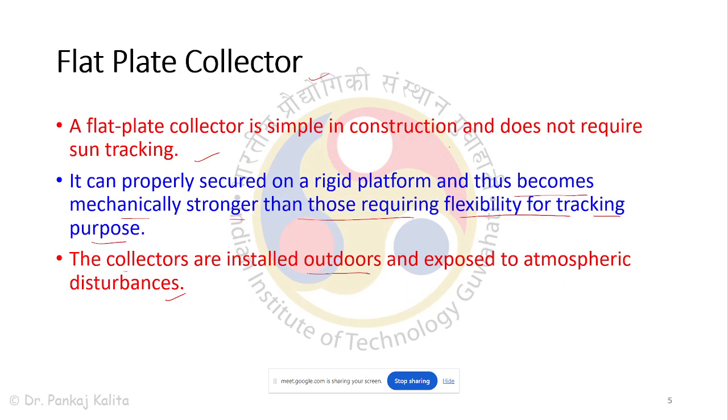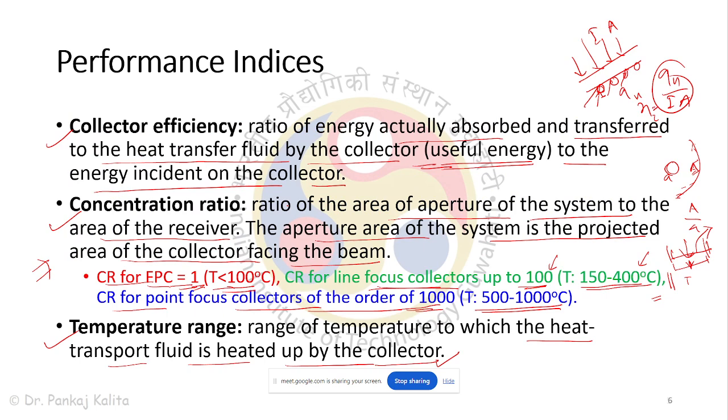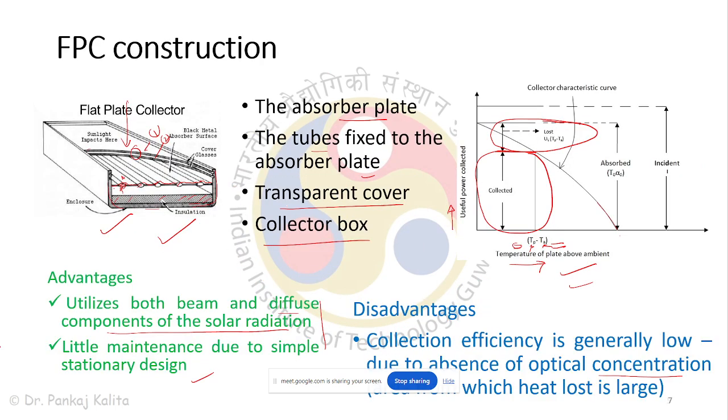Now the flat plate collector, if you remember, has been explained in some very early previous lectures, where the construction has been explained in detail. So this is basically your glass cover, or it could be a transparent cover, whatever material it could be. It should be transparent, so most of the incoming solar radiation passes through this glass cover and falls onto the absorber plate.